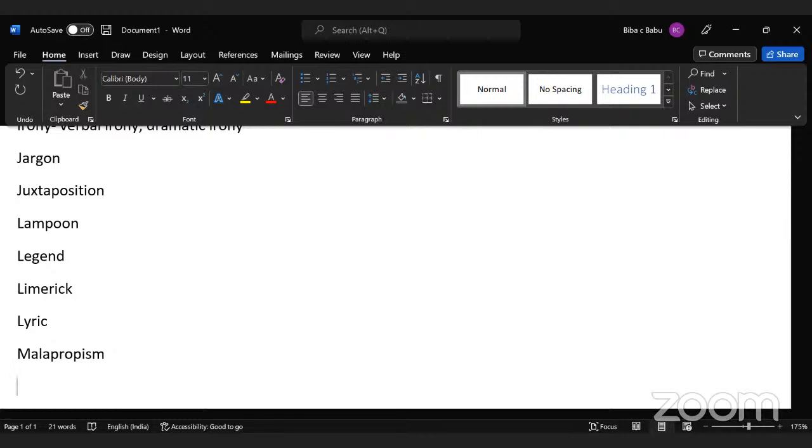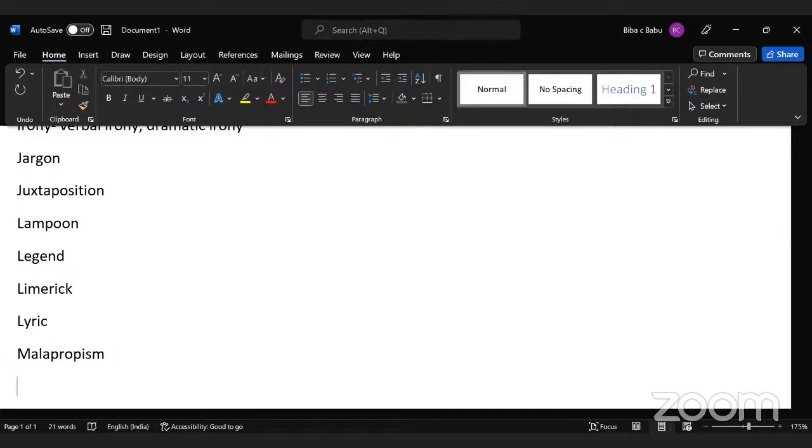What is the meaning of non-narrative poem? A narrative poem is about a story. It narrates a story. In simple terms, it will be a story.